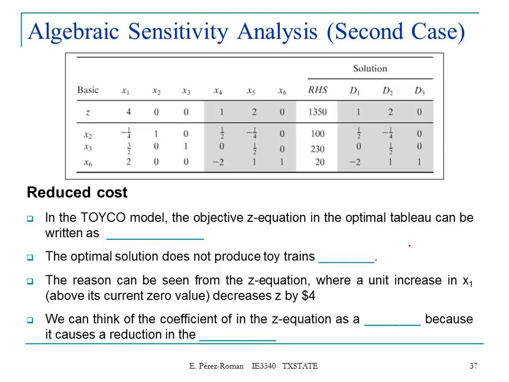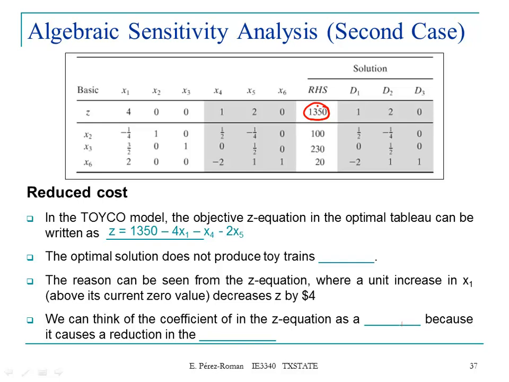Now we talked about the dual price, now let's talk about the reduced cost. So in the historical model, the objective, or the Z equation in the optimal tableau, can be written like this. We have the optimal solution, 1,350. This is the objective function value.